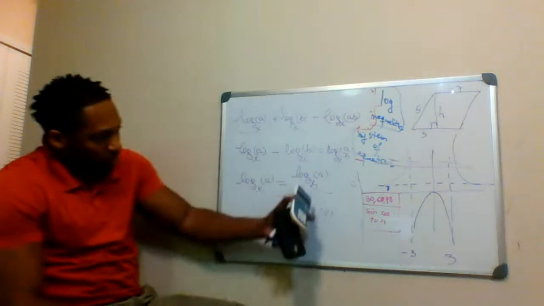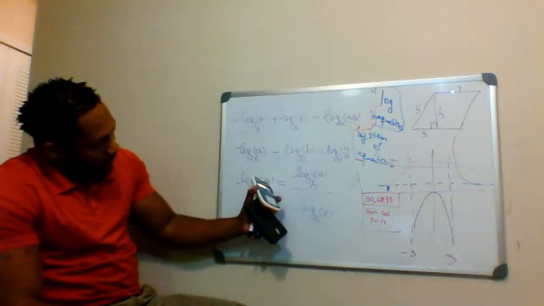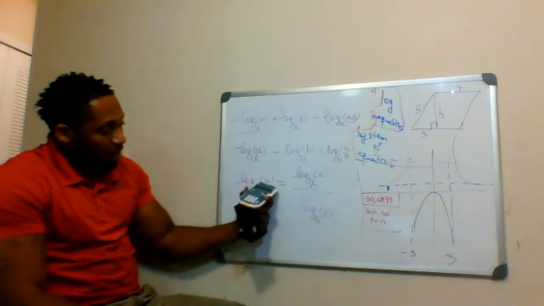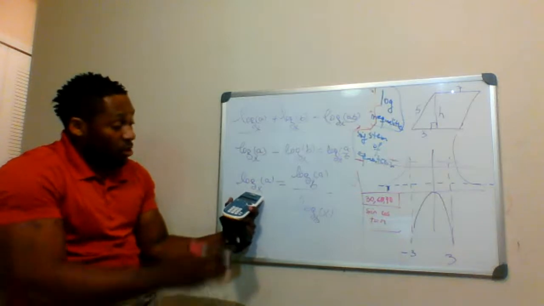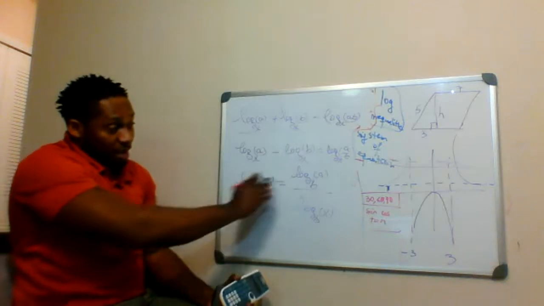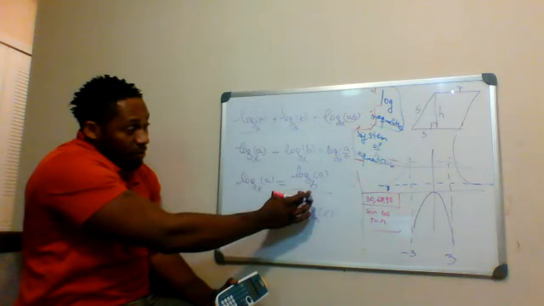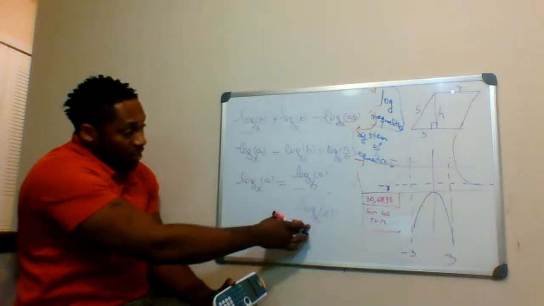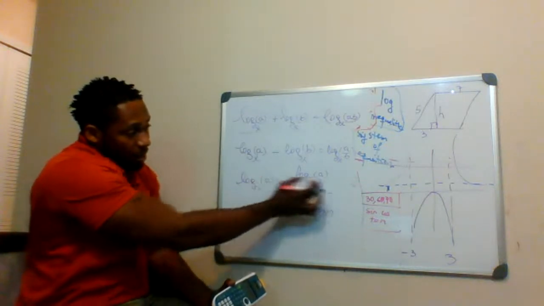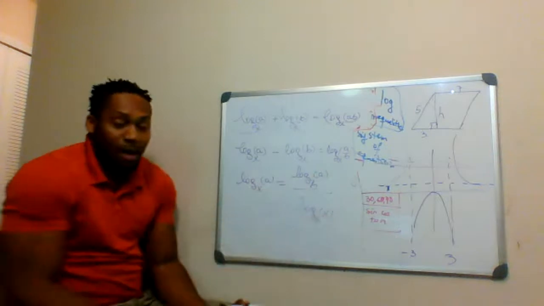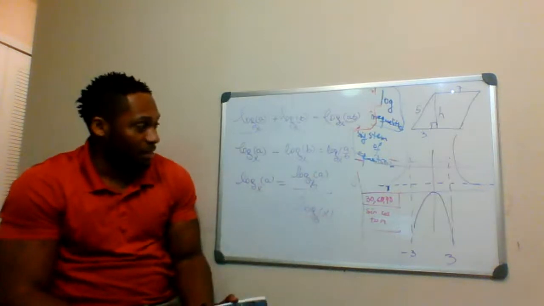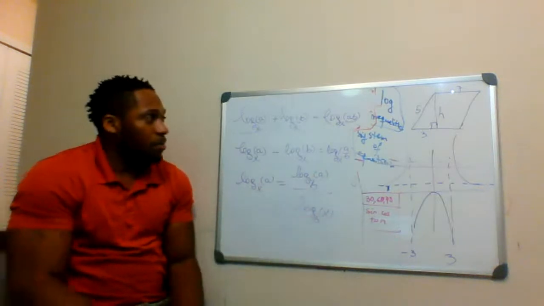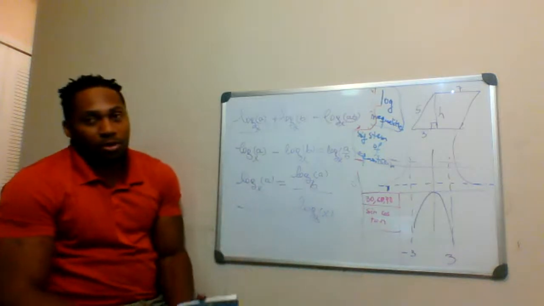The change of base is, I had log base x of a, so I can find a random base, put it in the numerator and denominator, and put this one up top and this one at the bottom. It's kind of a weird way to explain a property, but if you remember those, you'll be able to solve for them.